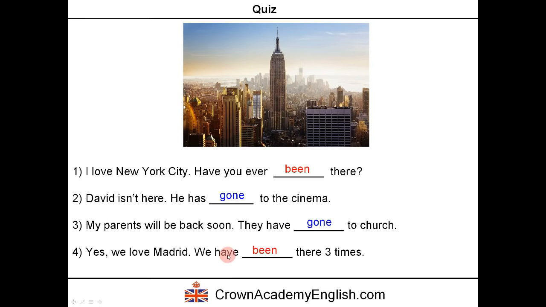So again, here we are describing our travel experience. This is similar to question 1. So we are just simply describing in the affirmative our travel experience. The fact that we know the city of Madrid. We have been there 3 times.